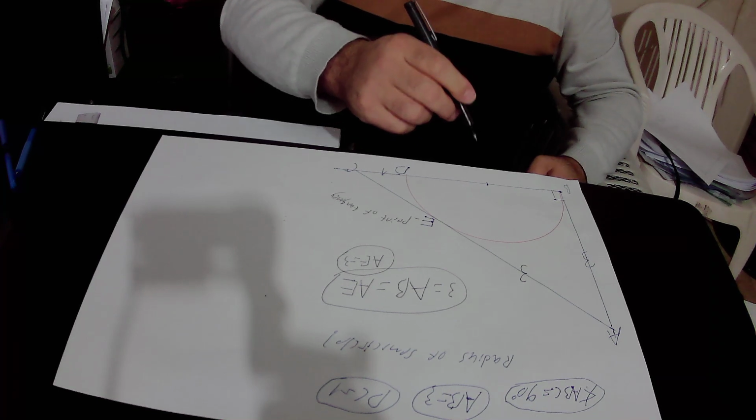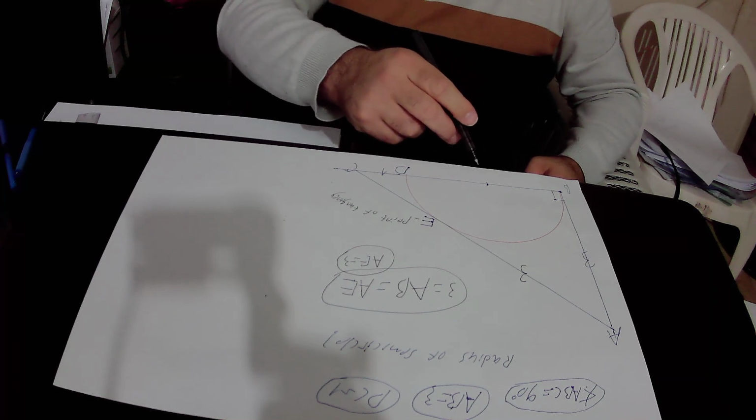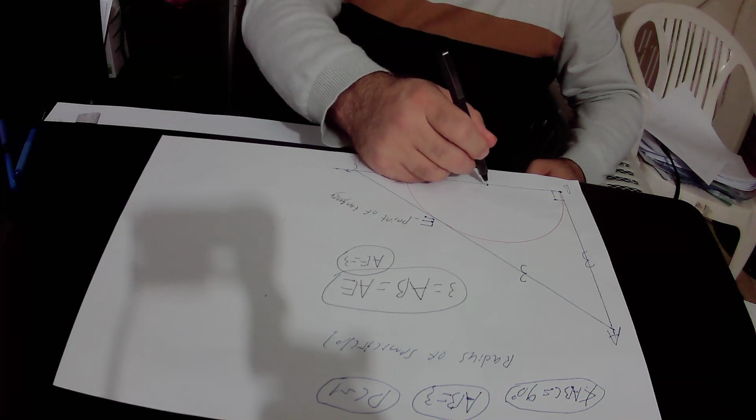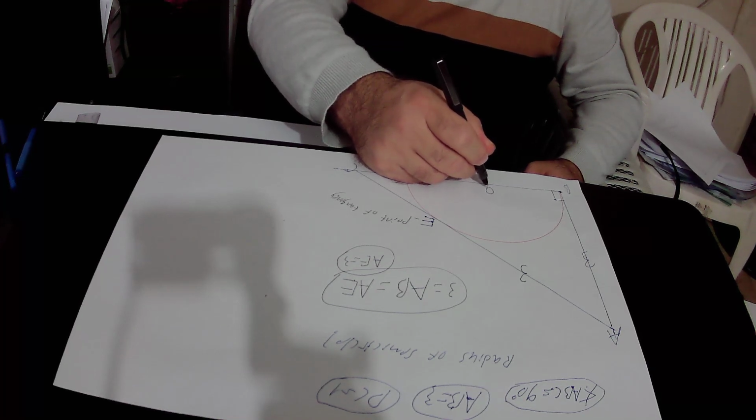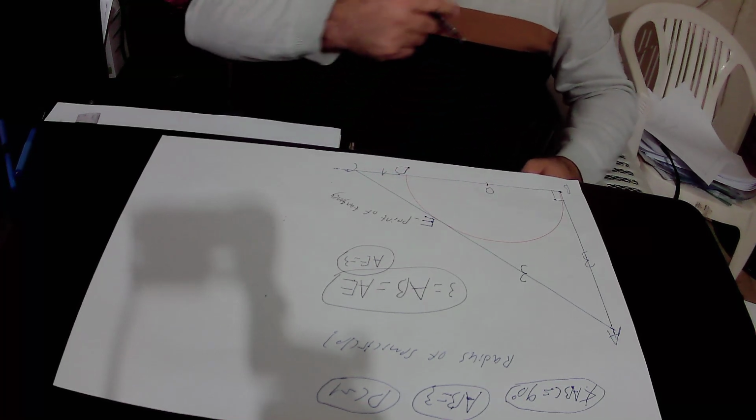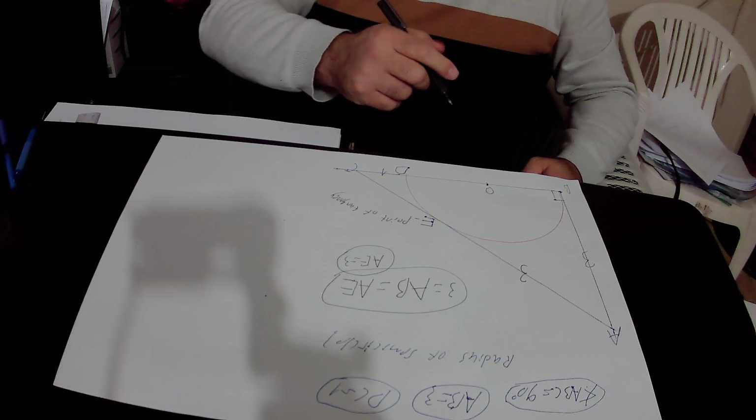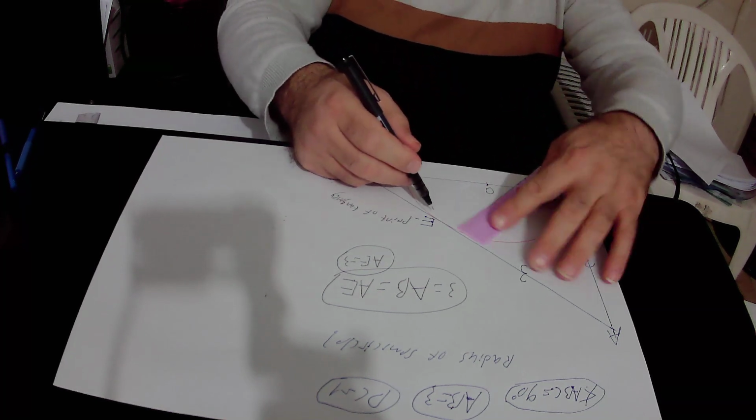We will define the center of this red semicircle as point O. Then we will join together points O and E by a straight line.